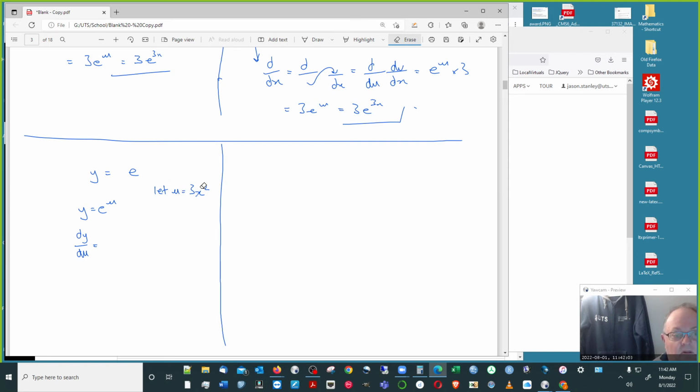Now it's not sine squared x, it's sine of x squared, so it's actually not that, because you know, don't you, that sine squared x is sine x times sine x.